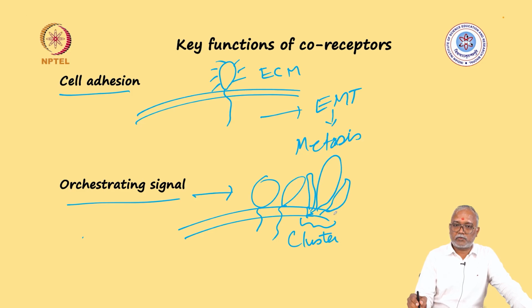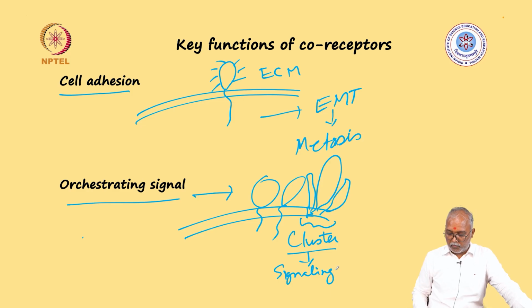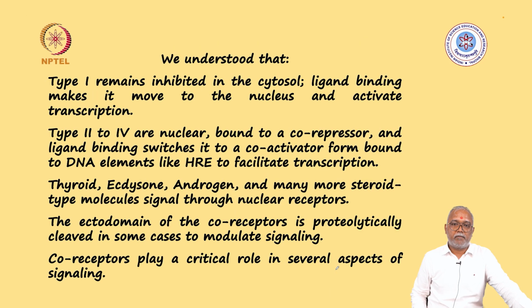So basically this co-receptor, through its GPI anchor, is helping in the recruitment of all required entities as a cluster for the signaling process. So they play a very critical role in many aspects of development, proliferation, migration, cell adhesion, and many more.